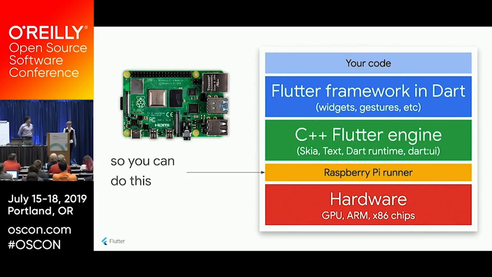And the way that works is the tech stack is all the same, except we have a different runner, because again, Flutter has that rendering engine built in, and we just render your app on the Raspberry Pi. And so if you have other devices that have reasonable CPU and GPUs, then it's relatively straightforward to create new runners for those as well. So Flutter has the capability to be extended to other platforms.